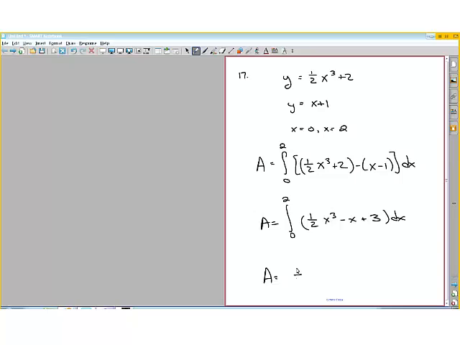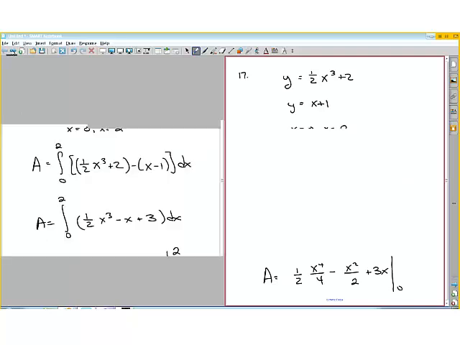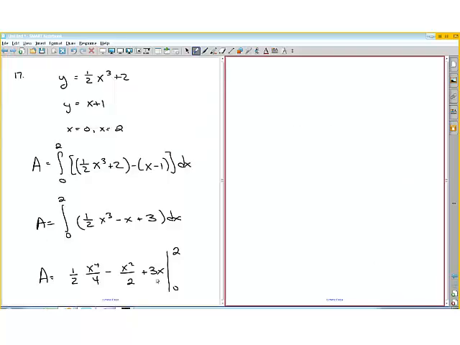And since that's just a polynomial, pretty straightforward, you get 1 half x to the 4th over 4 minus x squared over 2 plus 3x, evaluated between 0 and 2. At 0, everything goes to 0, so all we have to do is evaluate it at the upper limit.